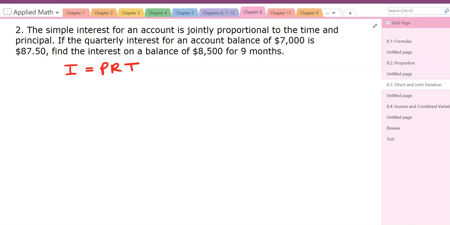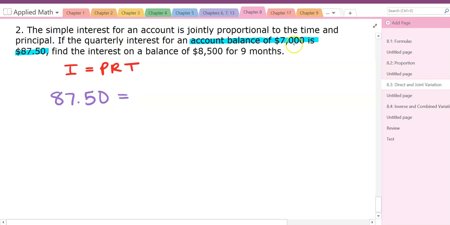So they first say that an account balance of $7,000 earns $87.50. So that's the amount of interest that they earned. So I'm going to put that in for I. Now P is the 7,000. I don't know what R is.